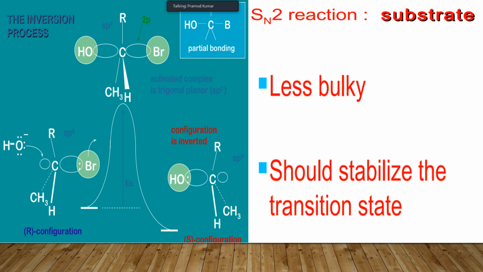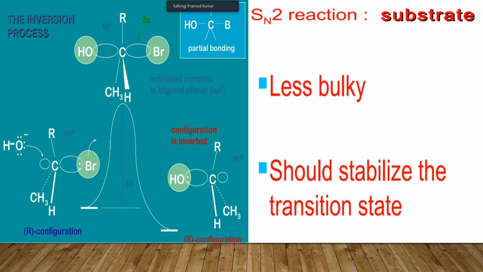It means that all three substituents other than your leaving group and your nucleophile will be in a planar trigonal configuration, because there is simultaneous breaking and making of bonds.